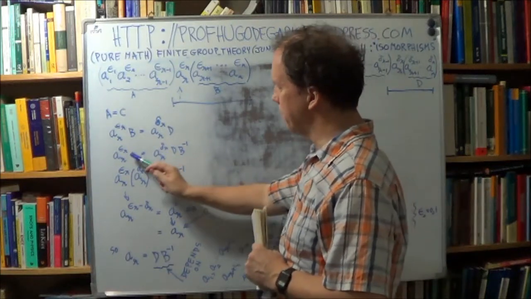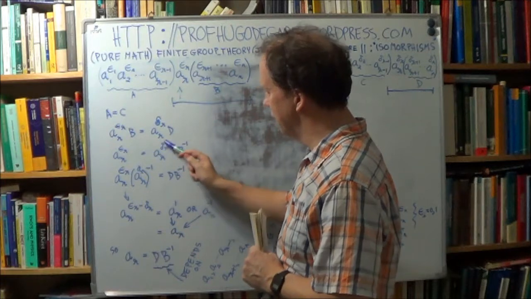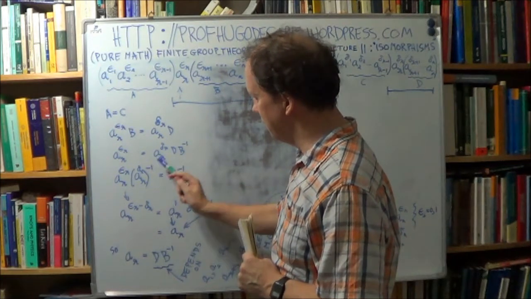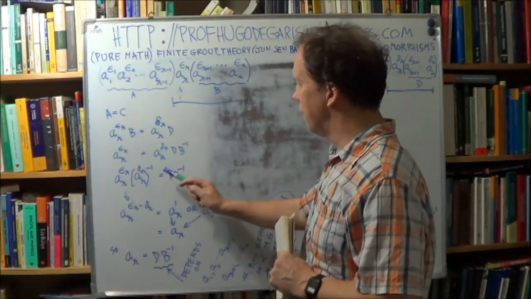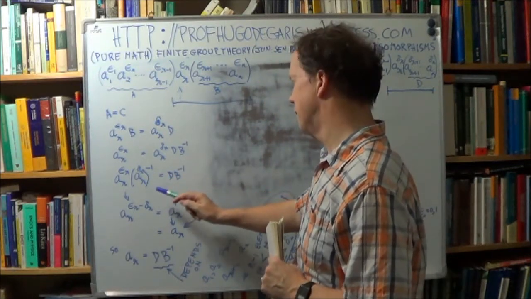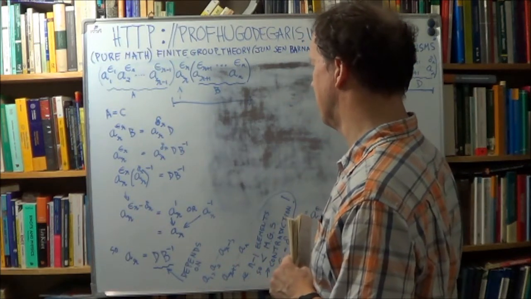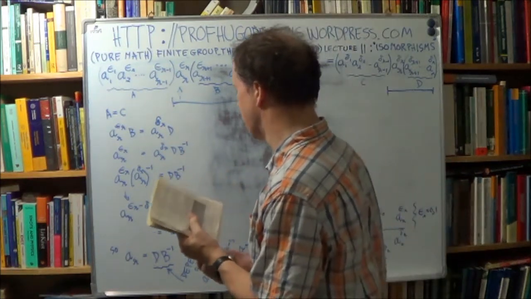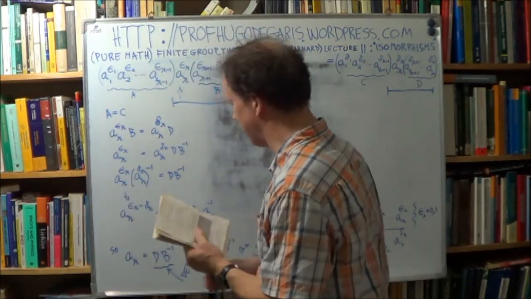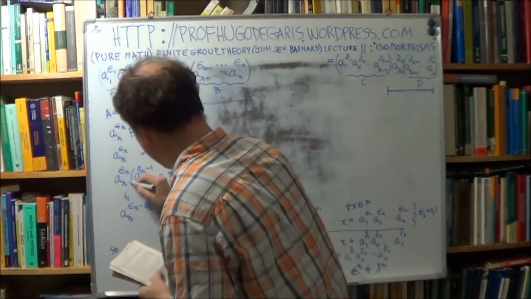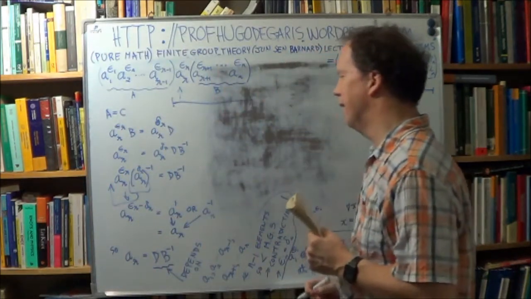Now post-multiply by the inverse of this. So you get, here's the inverse of that, and hold on. Sorry, this should be on this side. Okay, yeah, I've made a mistake here. So this should be on this side, right?